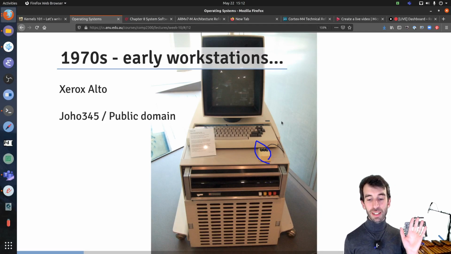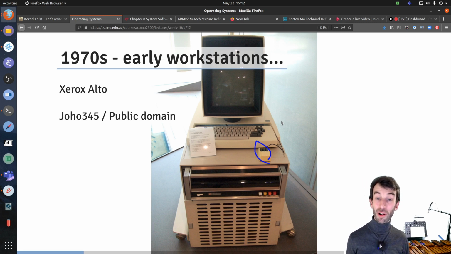Computers started to get smaller. People had the idea that one person could just use one computer, so maybe everyone would individually have their own one. And in the 70s, there were some proposals for what a workstation could look like, a computer that one person could use, starting to explore graphical user interfaces as well, or user interfaces full stop.